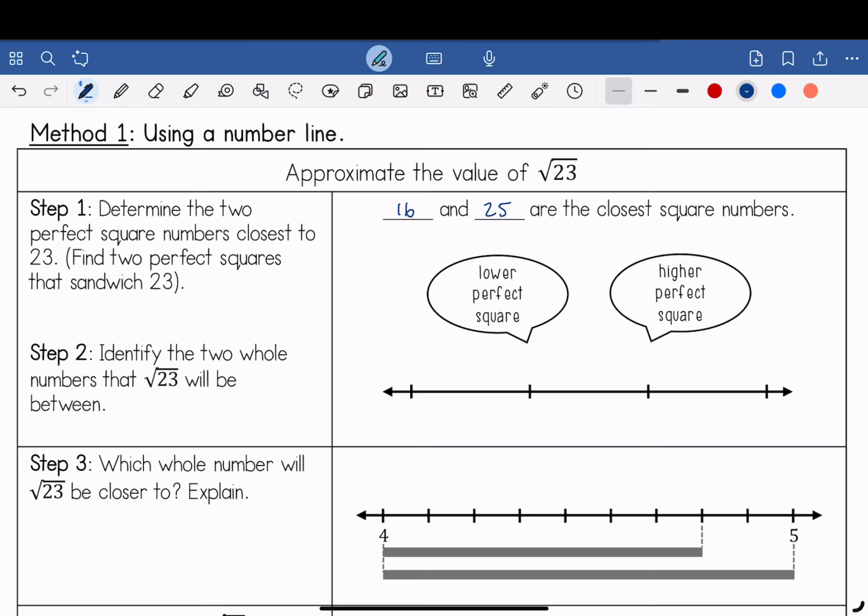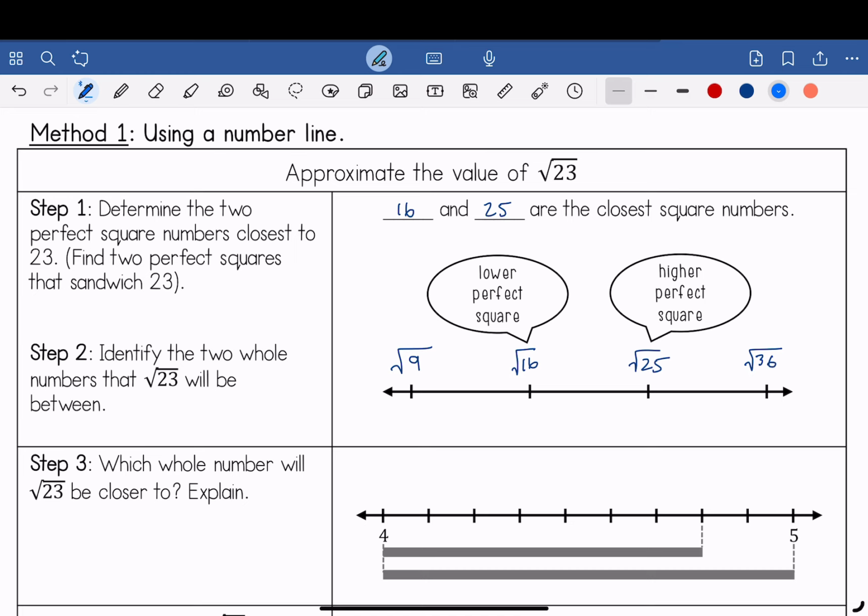So the lower perfect square number is 16, and the higher perfect square number is 25, the square root of 25. Below 16 would have been 9, so 3 to the power of 2, and the one that's bigger than 25 would be the square root of 36. Step 2. Identify the two whole numbers that the square root of 23 will be between.